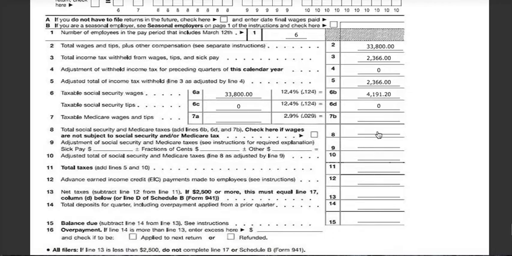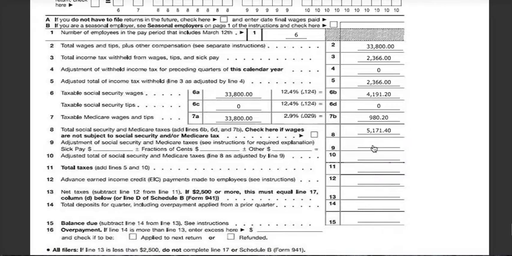If not, it'll mark a point down on you, so keep that in mind. And again, $33,800 times my 0.029, or 2.9%, gives me $980.20. Total Social Security and Medicare taxes. Add lines 5a, 5c, and 5d. So add this, plus this, plus this, gives me a grand total of $5171.40.